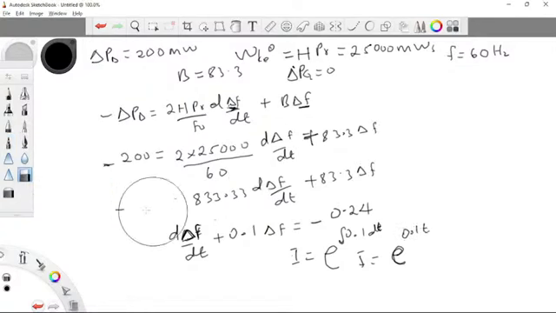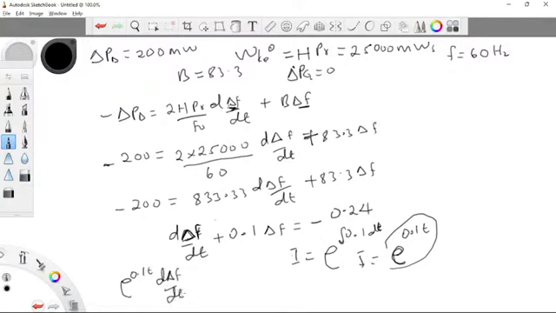So you multiply through by this value: e to the power 0.1 t d delta F dt plus e to the power 0.1 t times 0.1 change in F equals negative 0.24 e to the power 0.1 t.